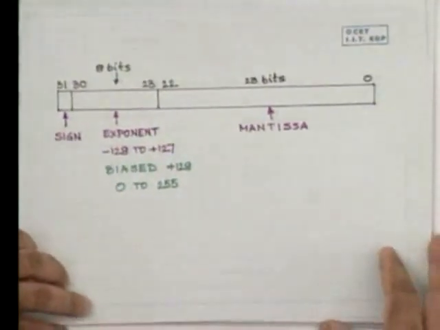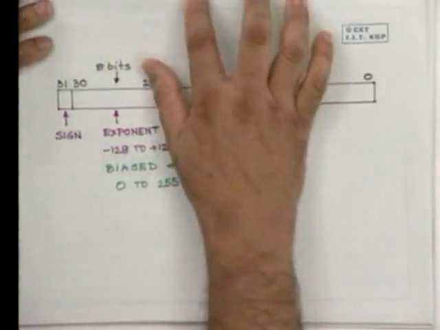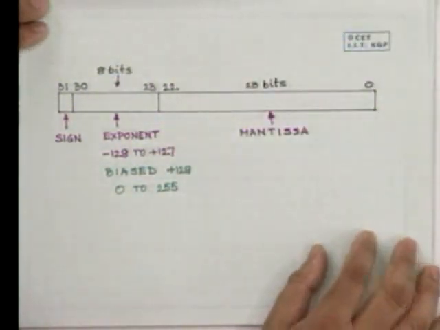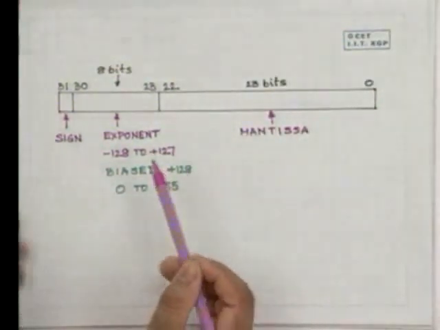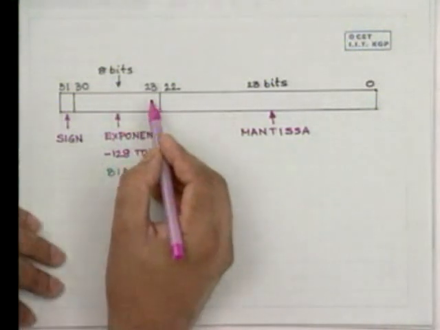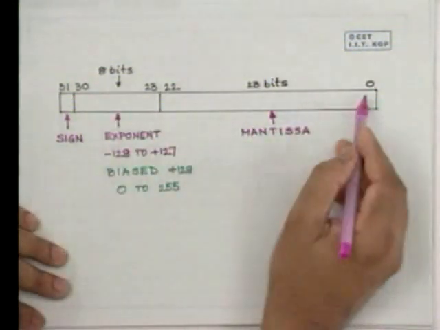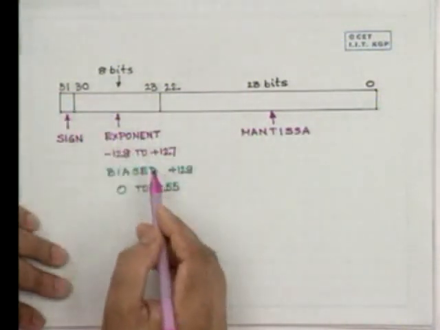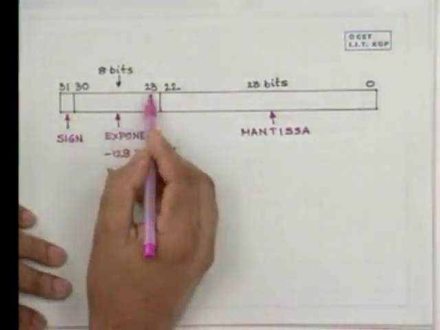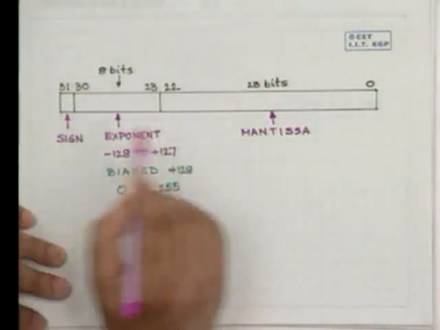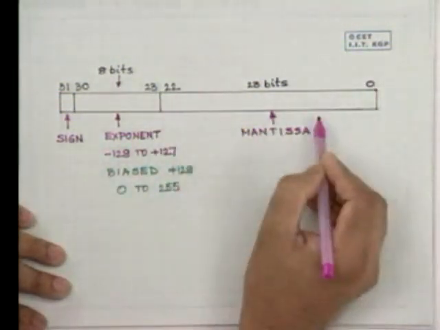say we have a 32-bit representation. We have to keep certain bits for keeping that exponent. For example, in a 32-bit representation, we have kept 8 bits for that exponent, then 23 bits for the mantissa.